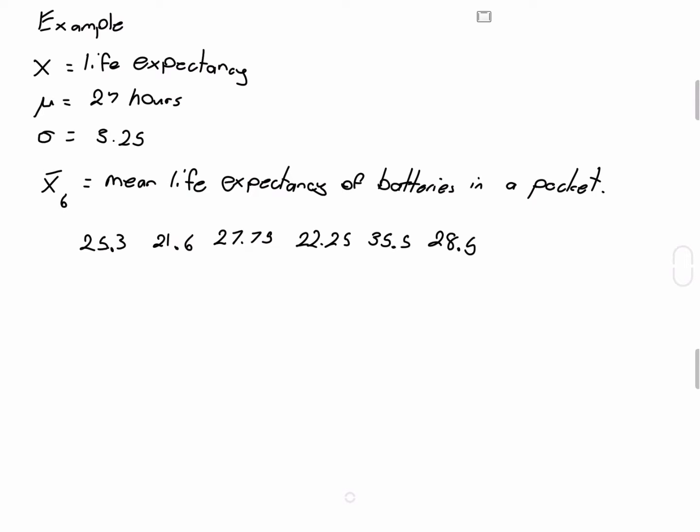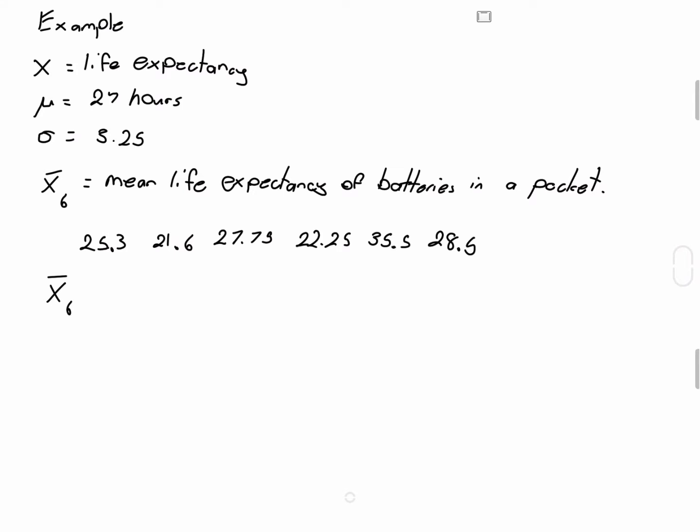So what is the corresponding observed value of the random variable X̄6, which is just our mean life expectancy? Well, to do this, we're going to add all of these values up and divide by 6.